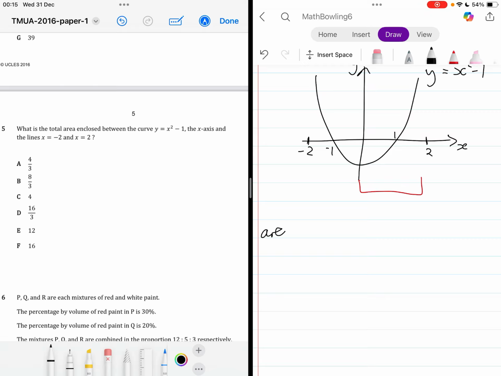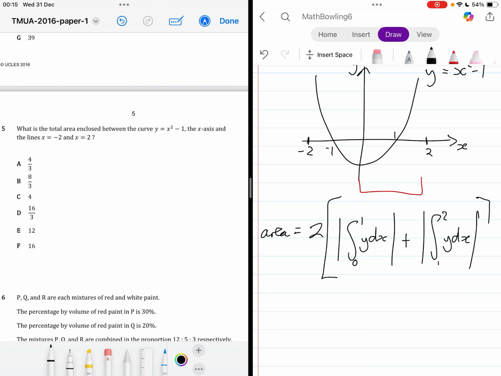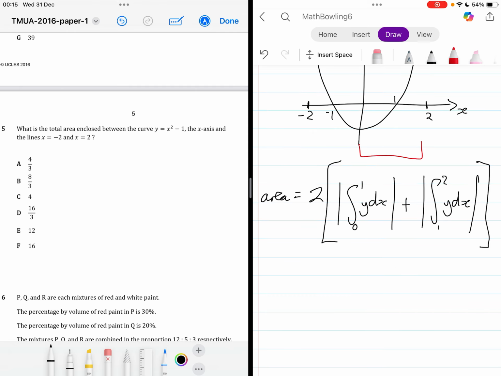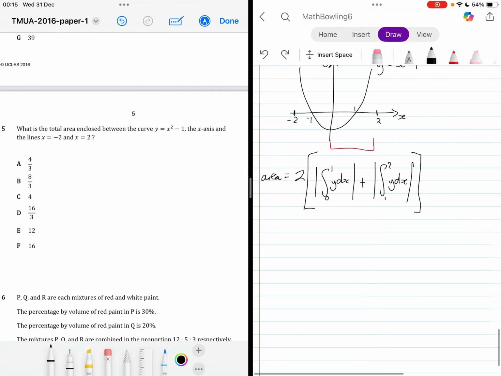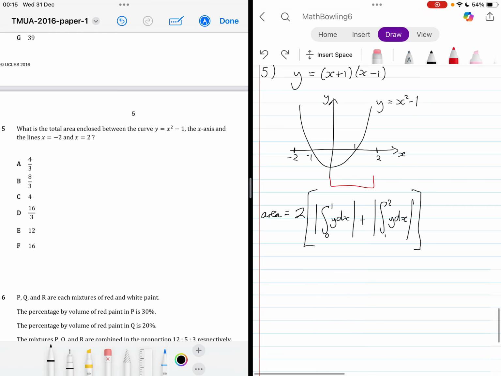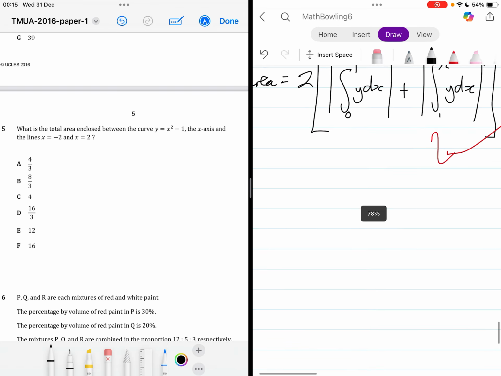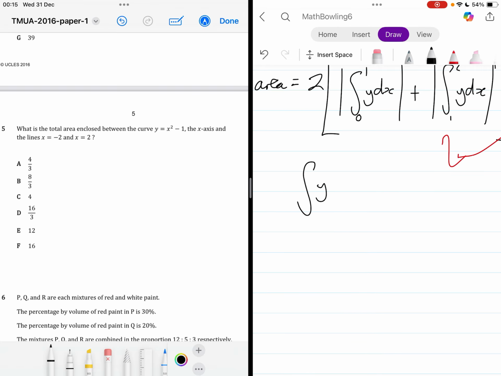So our area is going to be 2 lots of the mod of the integral from 0 to 1 of y dx plus the mod of the integral from 1 to 2 of y dx. Now only this first one really needs to be modded, because the other one's always positive, but it's consistent to have it for both, I suppose. We can just plug y straight in, and we all know how to integrate x squared minus 1.